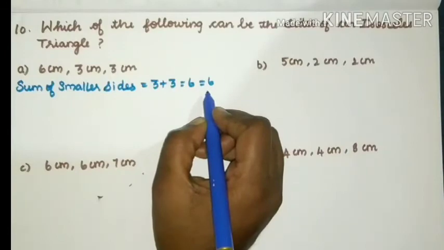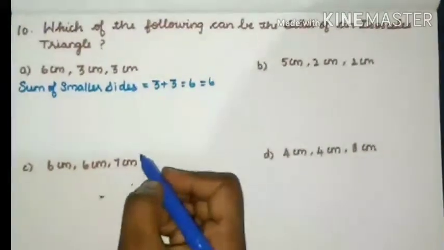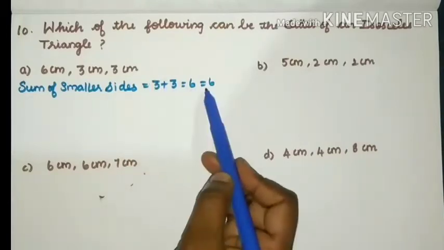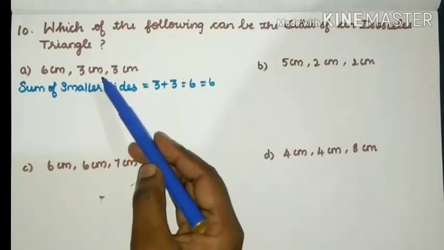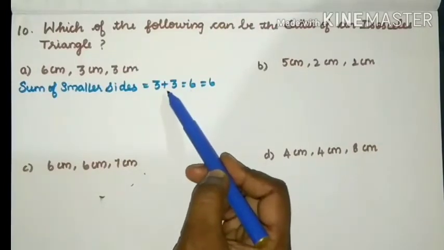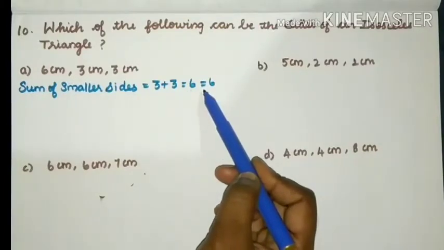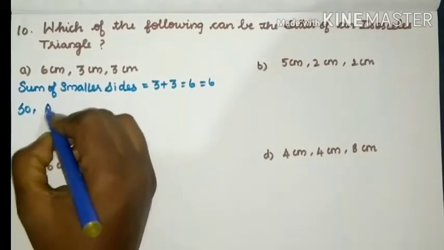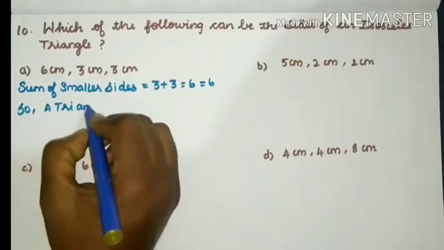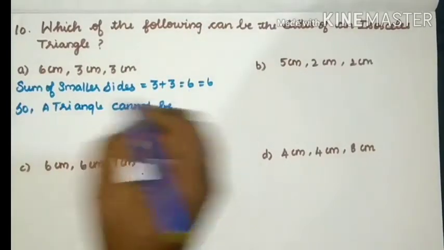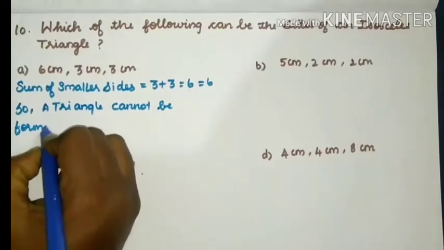But by using the triangle inequality property, the sum of the smaller sides is greater than the third side, means a triangle can be formed with the given sides. But here it is equal. The sum of the smaller sides is equal to the third side. So, a triangle cannot be formed with the given sides.